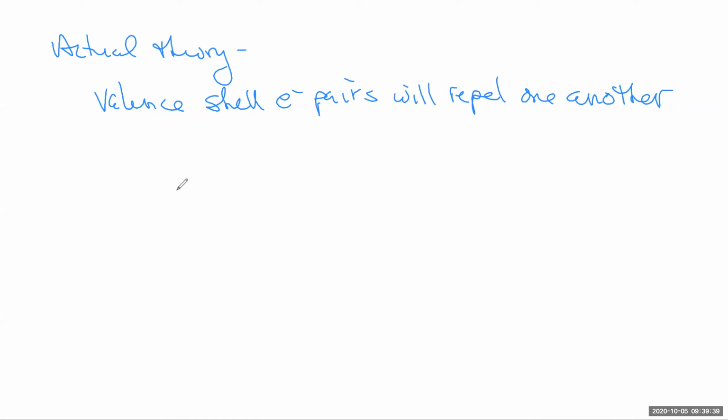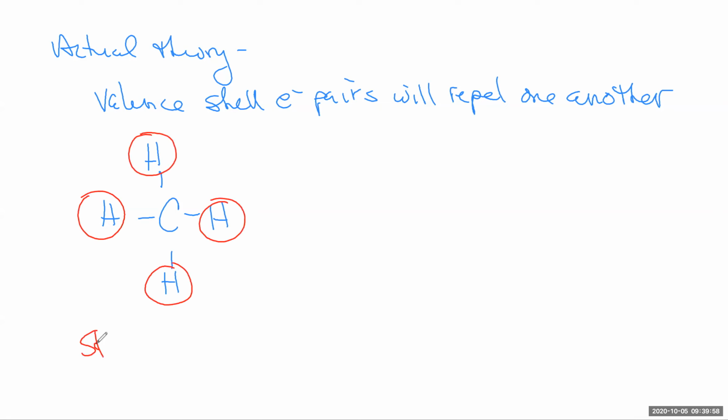So for example, if we looked at methane, this is the Lewis structure. I know I'm writing that quickly, but we're going to practice doing Lewis structures later. And I asked you, A, what is the steric number for this? Again, identify the things attached. We have 4 hydrogens attached, so my steric number is 4. What does that mean? It means this pair of electrons wants to be away from the second pair of electrons, away from the third pair of electrons, away from the fourth pair of electrons.